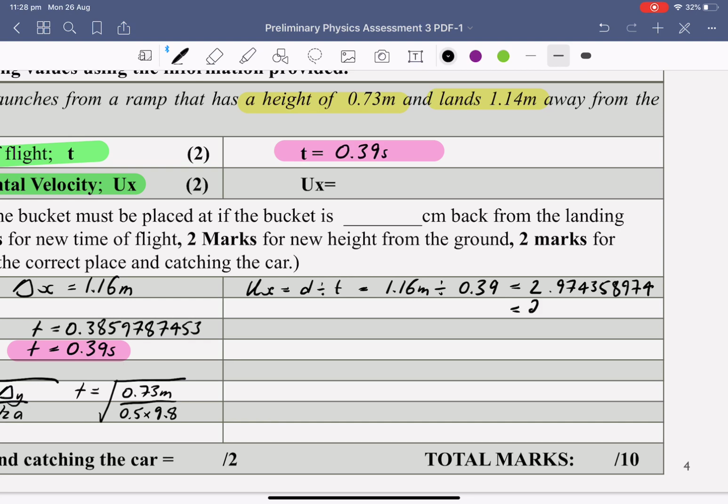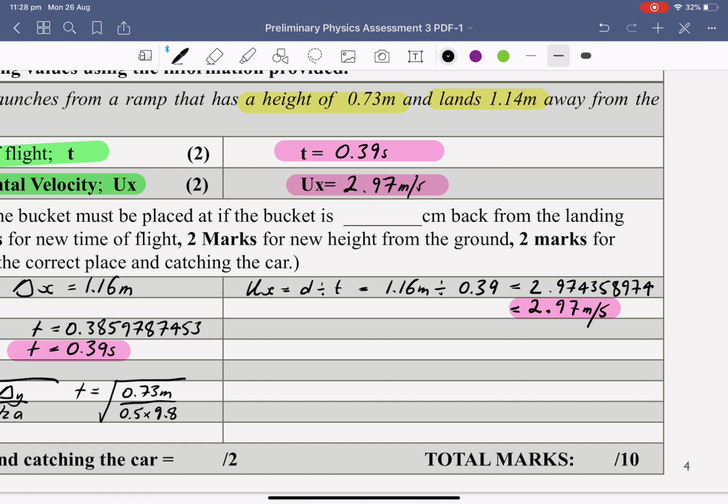Once again, rounding to two decimal places, we're going to go 2.97 meters per second. We don't want to lose what we're doing here, so we're going to highlight that, come back up here and put that answer in, 2.97 meters per second. That's its horizontal velocity.